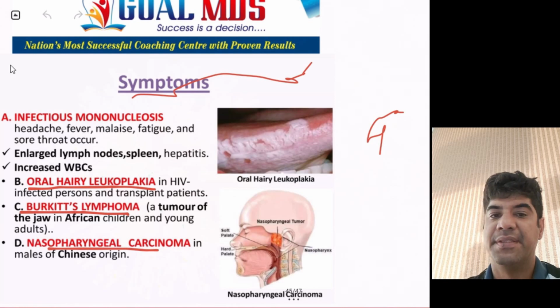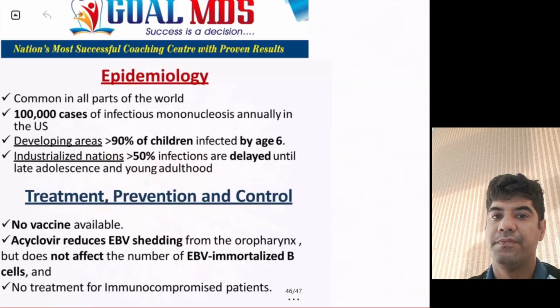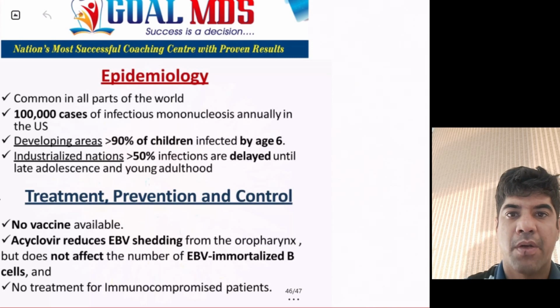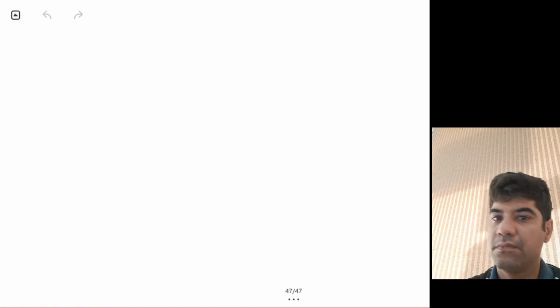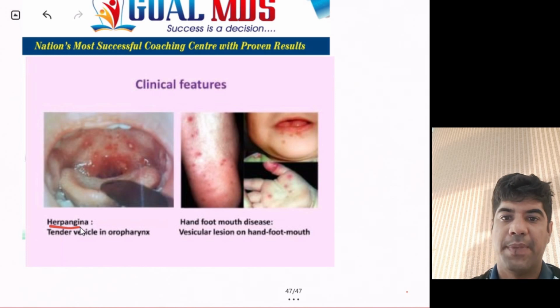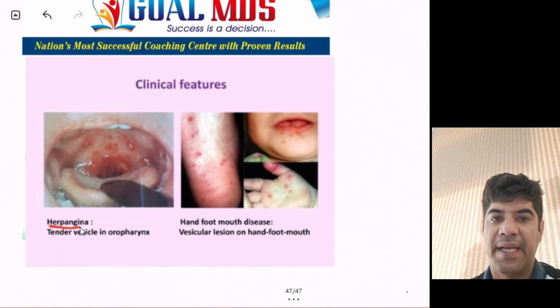Moving to the next, comes the enterovirus. They are part of the picornavirus, Picornaviridae family. The most common is herpangina. Herpangina is caused by various types of Coxsackie virus, A1 to A6, A8, A10.